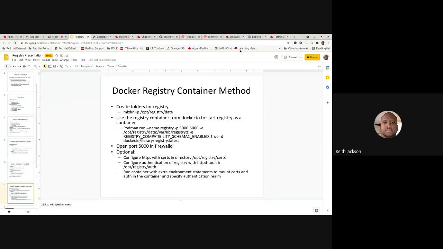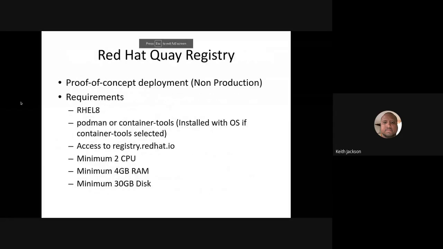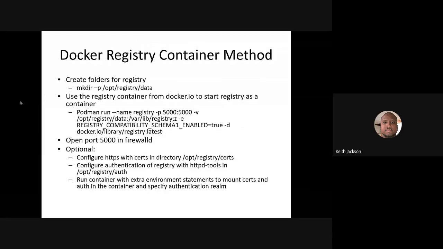So the next registry method that we'll quickly cover is pretty much the same as the first one, only instead of running an RPM, I'm actually just going to run the registry container from docker.io. The registry container is doing the same thing that the RPM is doing. It's providing an HTTP registry that can be accessed over port 5000.